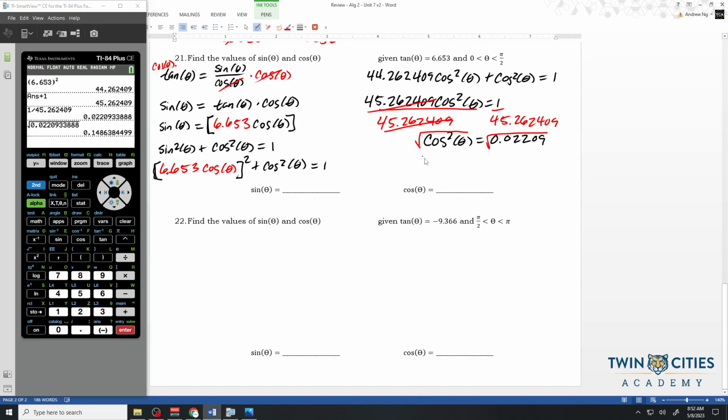And I'll get the cosine of theta is positive or negative 0.1486. To tell, just like the last two problems, whether this should be positive or negative, I'm going to bring up my unit circle.